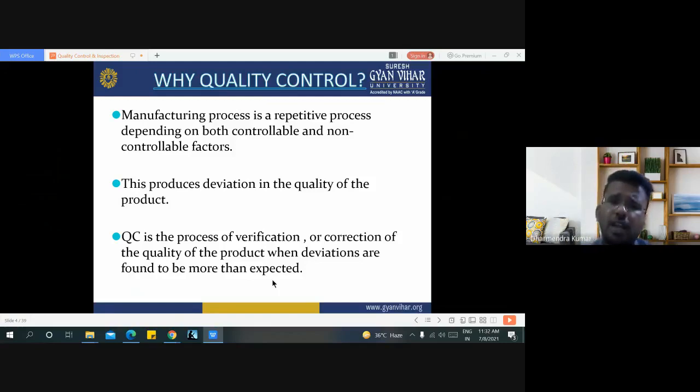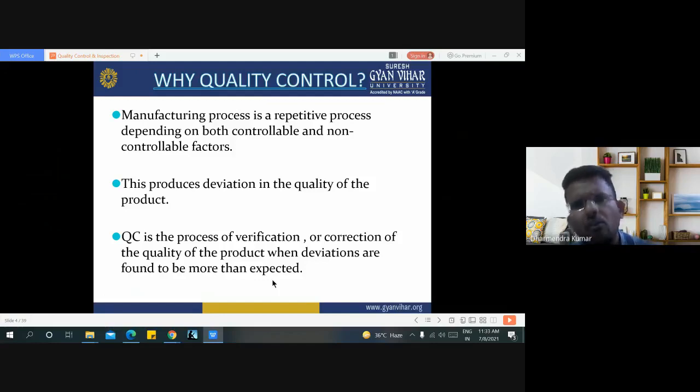Or if the occurrence of deviation is more, then we slightly change our process. It may be a change of raw material, a change of machines, and sometimes a change of skilled or non-skilled labor also.